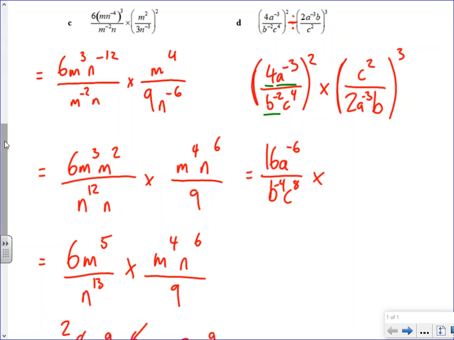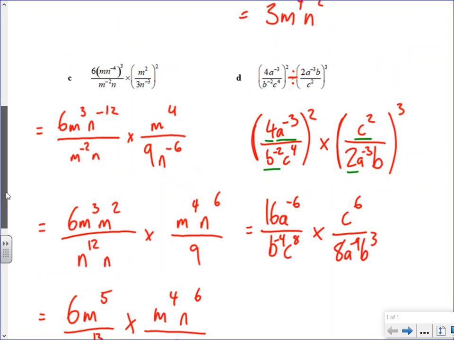Times, I'll do the same with the other bracket. So we have c to the power of 2 first of all, times it to the power of 3, so that is c to the power of 6, over 2 to the power of 3, which is 8, a to the power of negative 9, b to the power of 3.